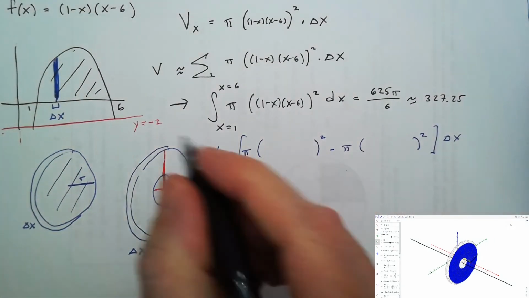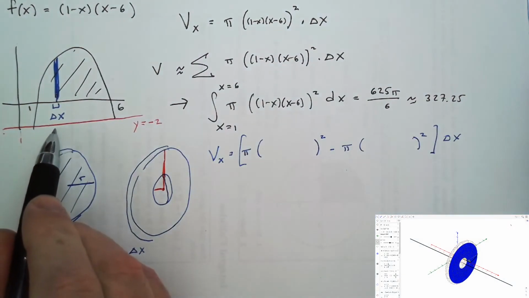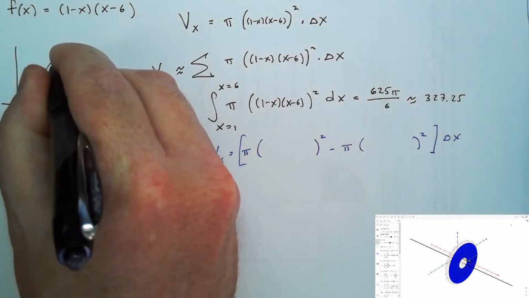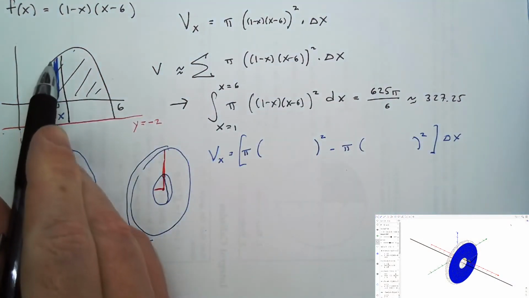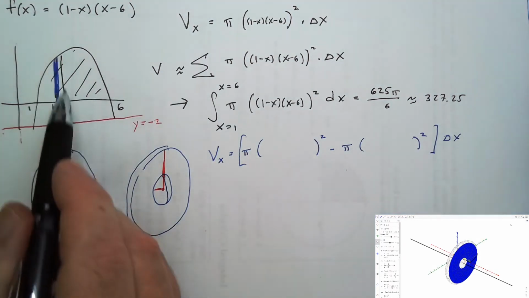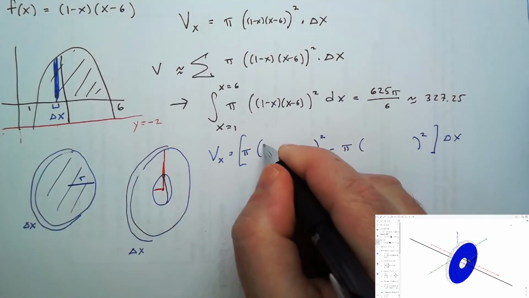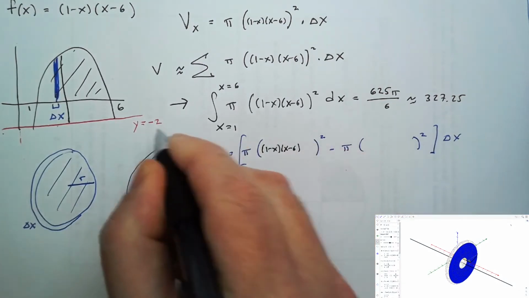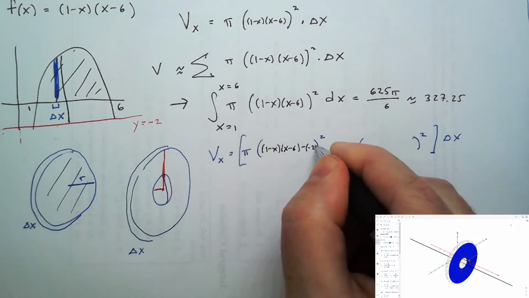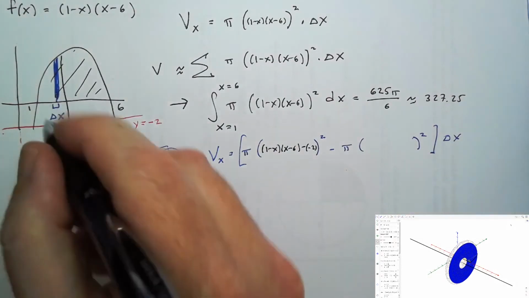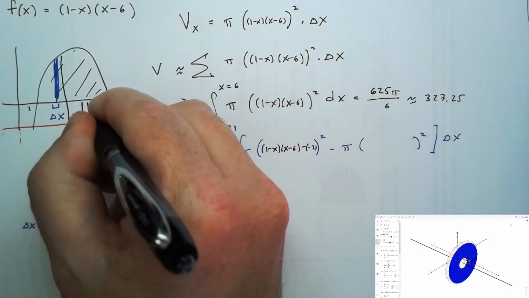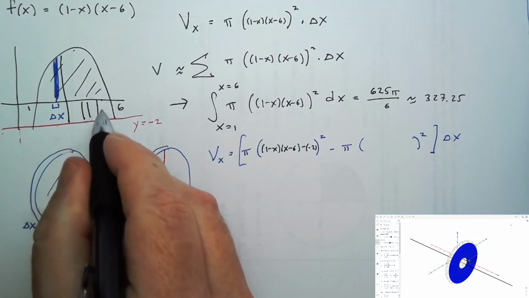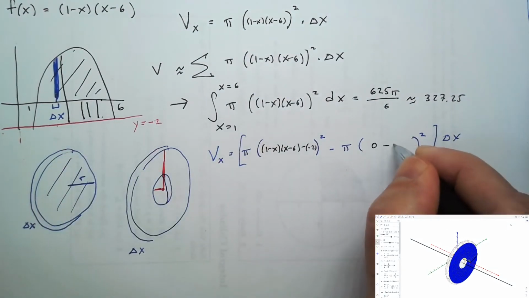In our case, the big radius extends from the line y equals -2 all the way up to the top of the graph. This distance will be the function height minus -2, or +2. What will the little radius be? In this case, the little radius will always be 0 minus -2.